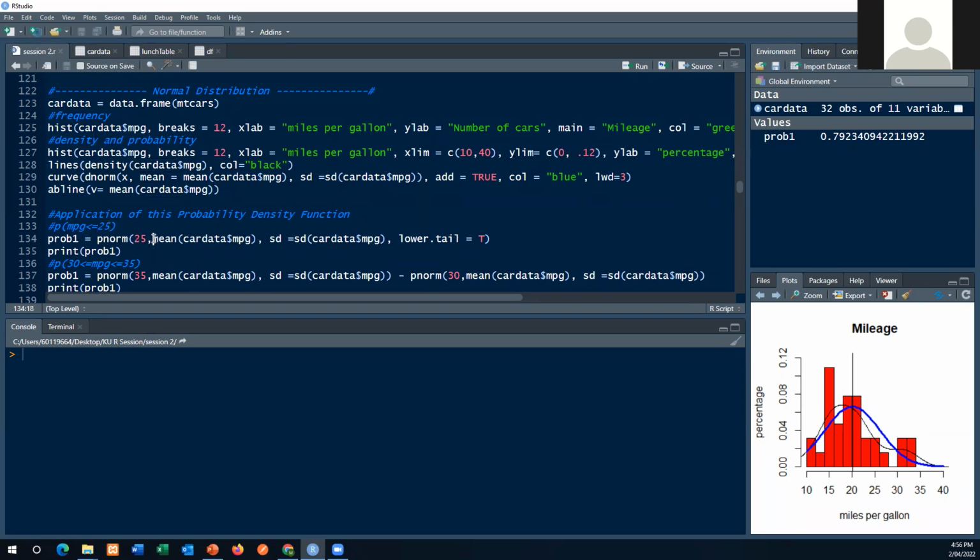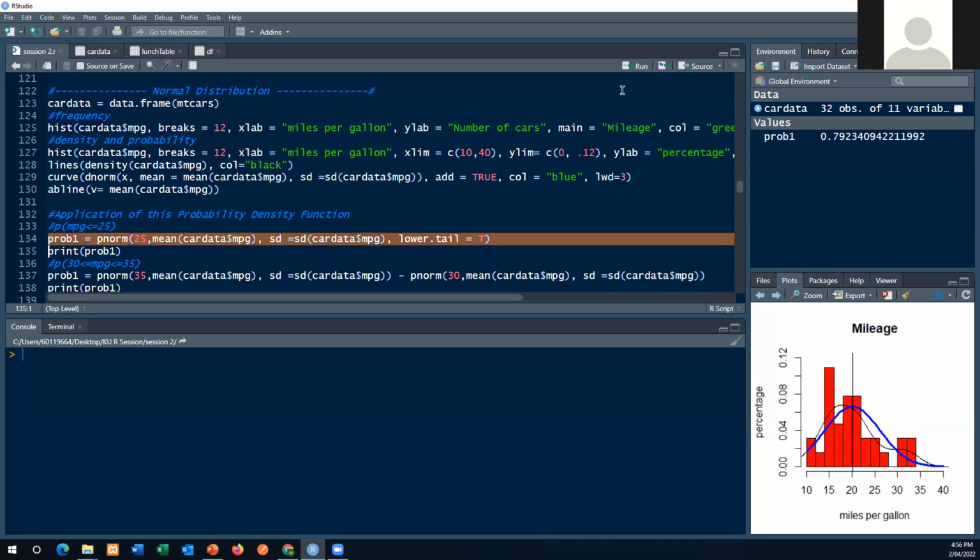This is the distribution I am creating using the mean, and the standard deviation is this one, and the lower tail, because you know this is the lower tail and this is the upper tail. If you see, this is my mean, this is called lower tail, and this is the upper tail, and I want to get the probability related to the upper tail. If I don't tell anything, it is by default lower tail. But you can say lower tail.